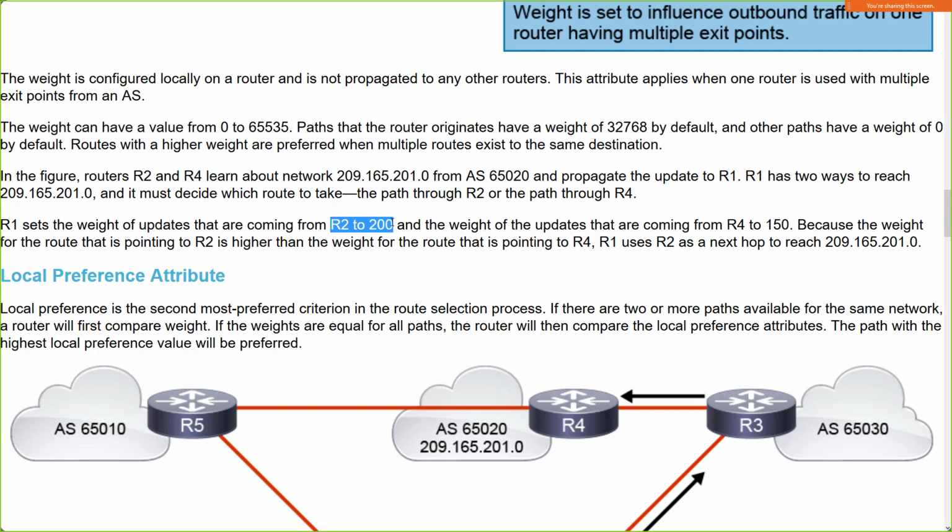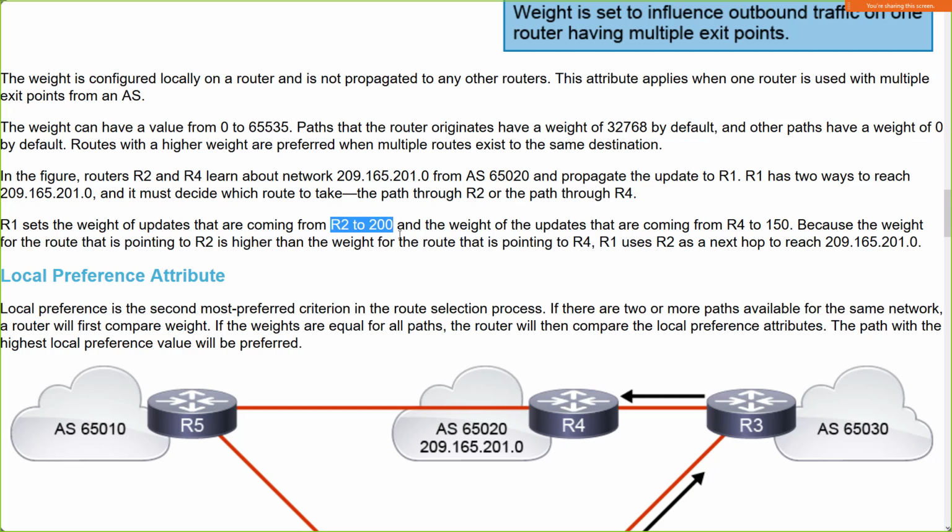And the prefix list references the prefix. And then we do a set condition. We actually literally say set weight. And that allows us to set the weight of that particular prefix. And then we apply that route map to that neighbor relationship. So route maps give us all kinds of flexibility on applying all kinds of different attributes to different prefixes that I might get from a particular peer.